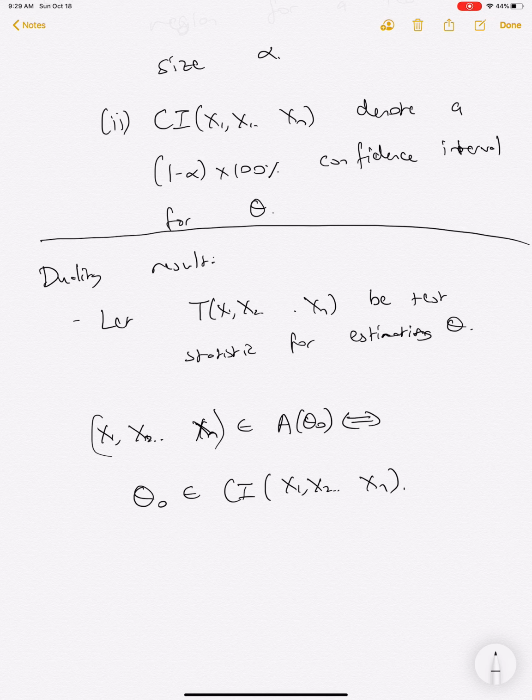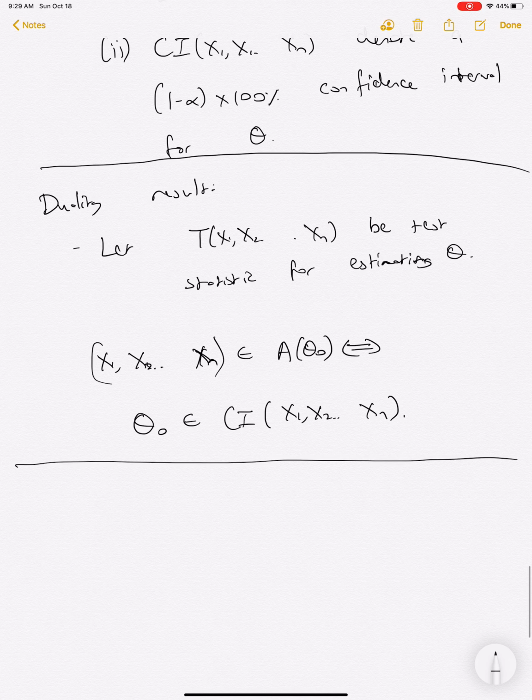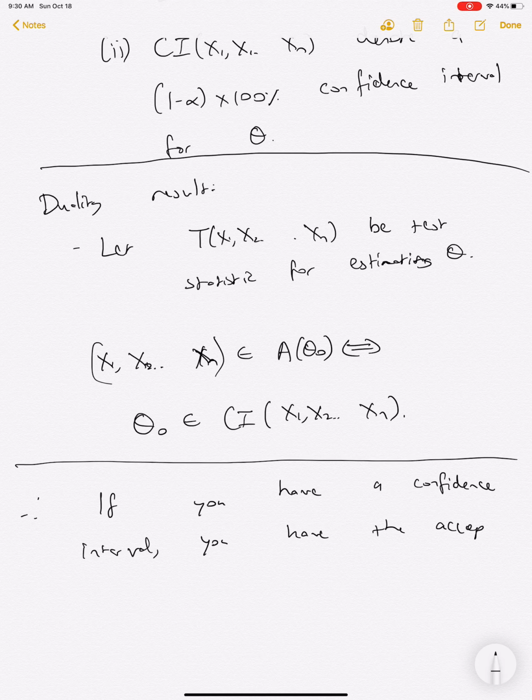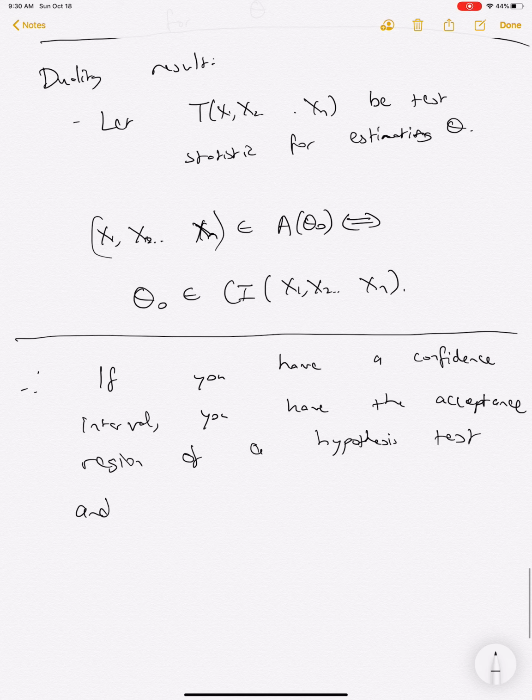Okay, and that's pretty cool because it means that if you have a confidence interval, you have the acceptance region of a hypothesis test, and vice versa.